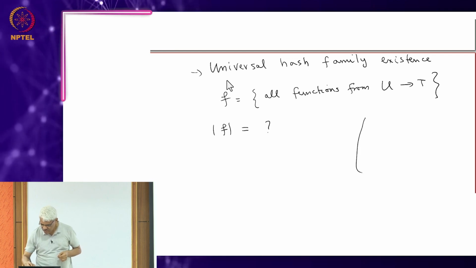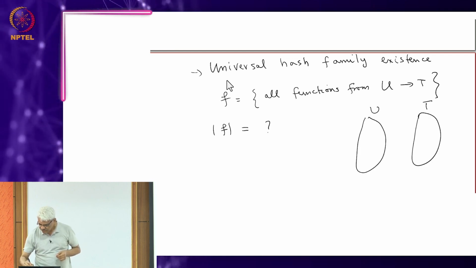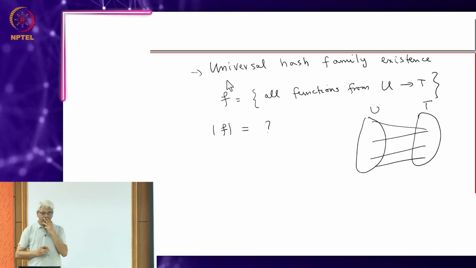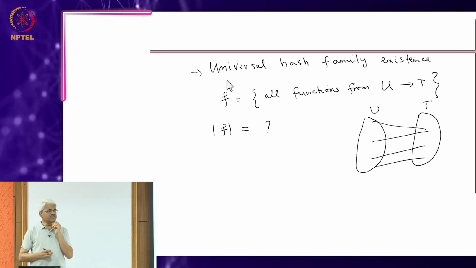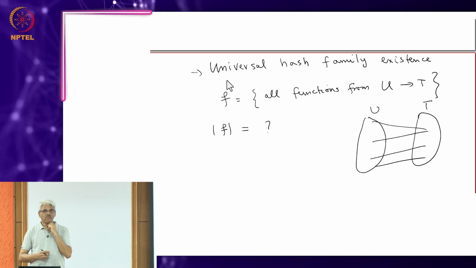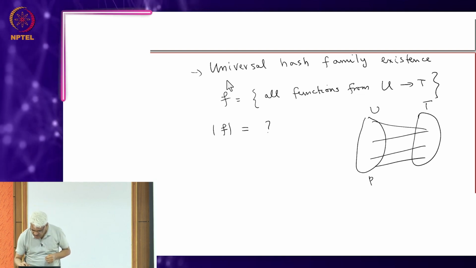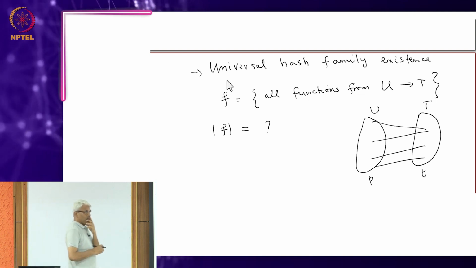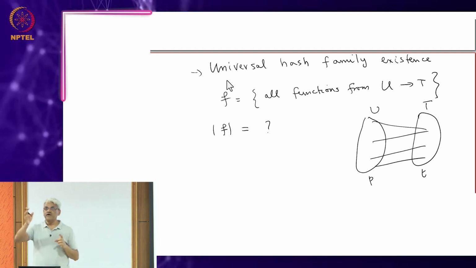Right. So, I have this U and T. Let us say I just pick all functions from U to T. How many functions are there? Because U is of size P and T is of size T. T power P, yeah.